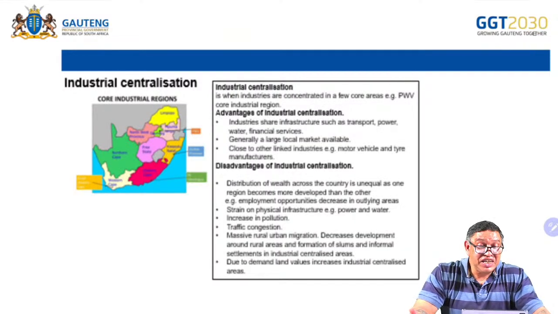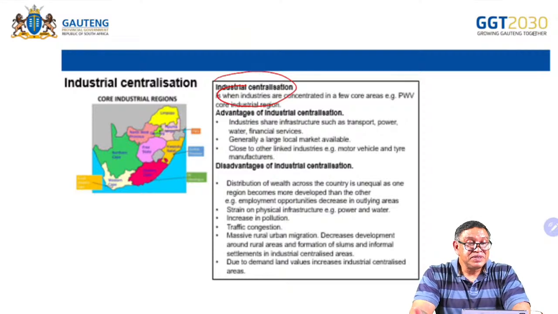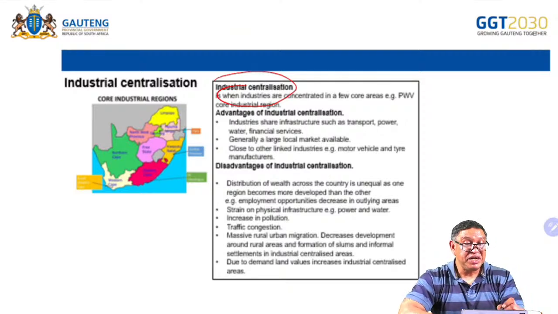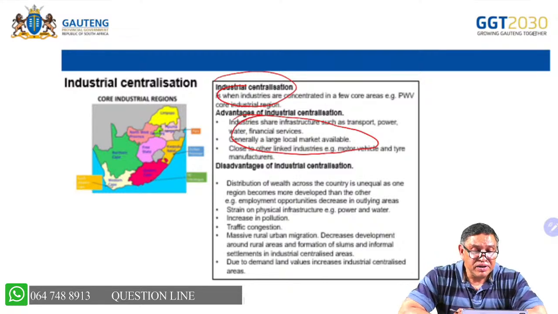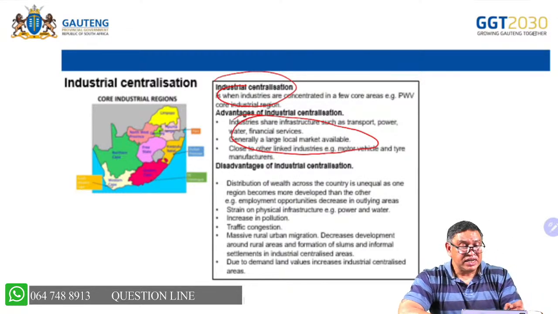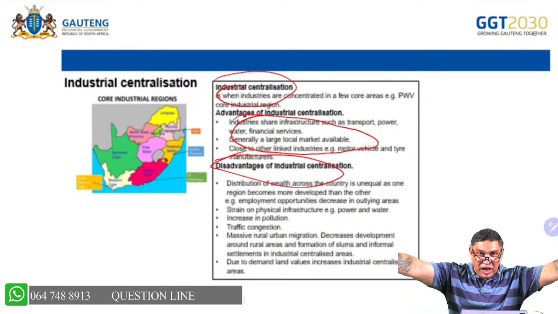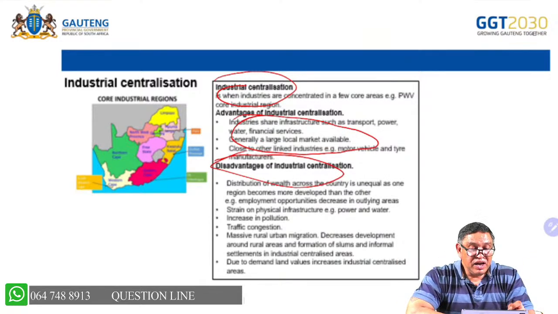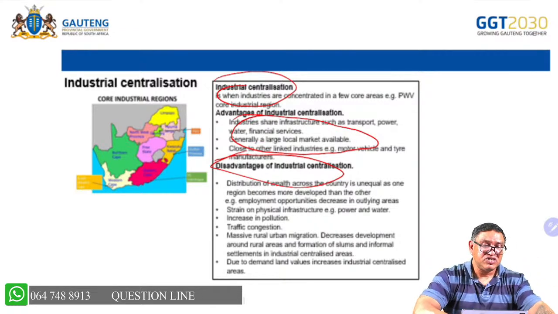Industrial centralization, as I told you, industries in one area, okay, concentrated like the PWV, and they share the same infrastructure and transport, power, generally a large market. Disadvantages: the country's wealth is not spread across, traffic congestion, strain on facilities. I've touched on that already.